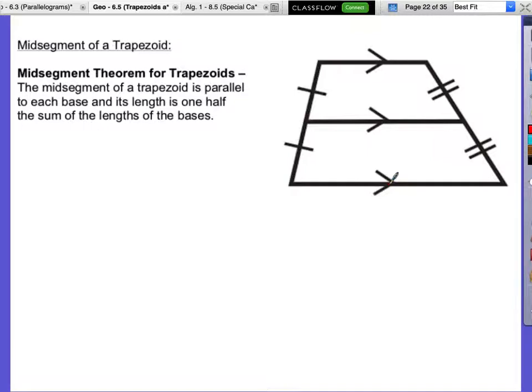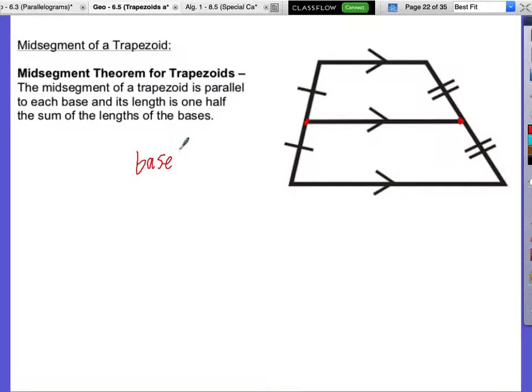Now, for it to be the mid-segment, it has to connect the two midpoints of the legs, just like for a triangle it connects the two midpoints of those sides. In this case, the two midpoints of the legs. That's why I marked congruent and congruent on those. So if we were to add 18 and 48, then we would have to take half of that.